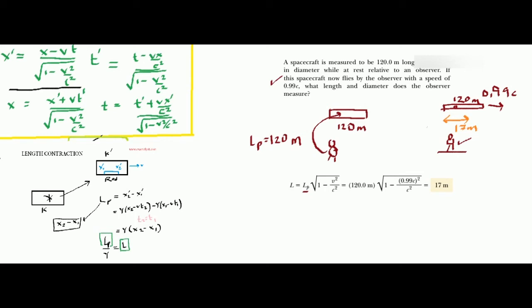Even if the spacecraft is very near and flies by with a speed of 0.99 c, the stationary observer will see that this moving spacecraft has a length of only 17 meters, though its actual length is 120 meters. So this is the meaning of length contraction.